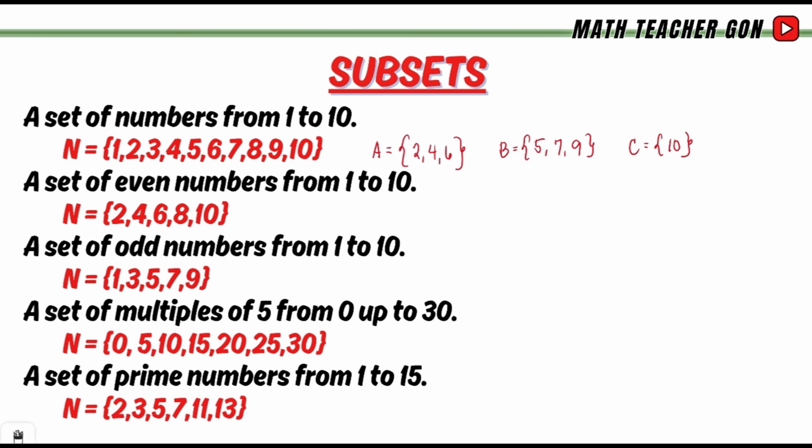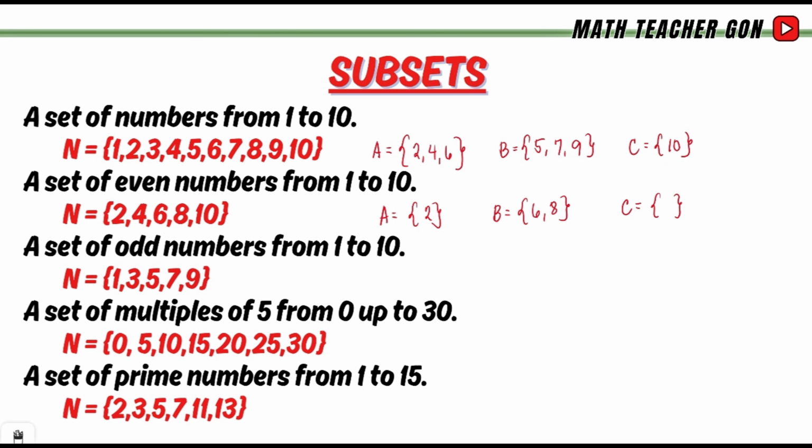Here's another one, the set of even numbers from 1 to 10. Let's have set A with 2. B, let's have 6, 8. And letter C, the empty set. These are all subsets again.